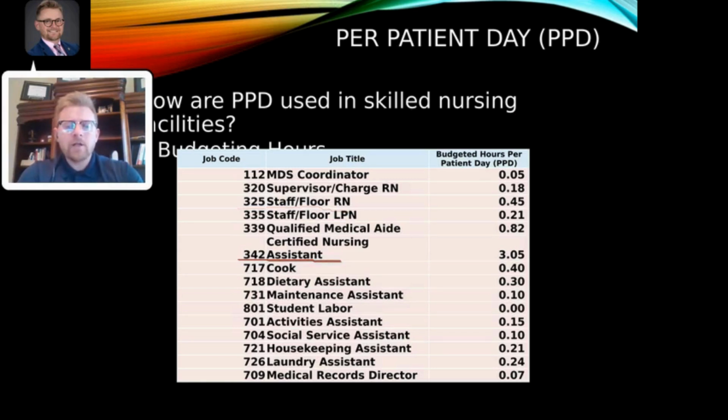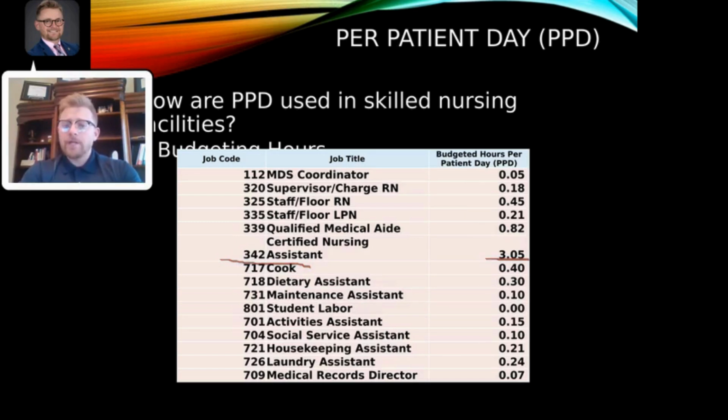They're most likely going to give you a PPD. And there'll be a PPD budget for probably every position, from your MDS coordinator to medical records, housekeeping, laundry. And that means, let's say, for all of your CNAs, your budget is 3.05 PPD.